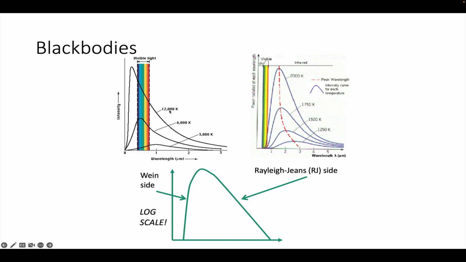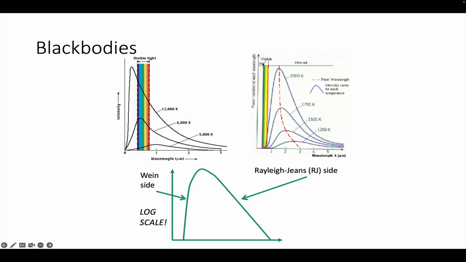So when you pick a temperature, you can calculate the intensity as a function of wavelength, uniquely for that temperature. So in both of these cases, they're both using the same mathematical expression, but they're showing you slightly different things. They've put visible light here where they've got one peak to the blue of the visible light, one peak in the visible light, and one peak to the red of the visible light.